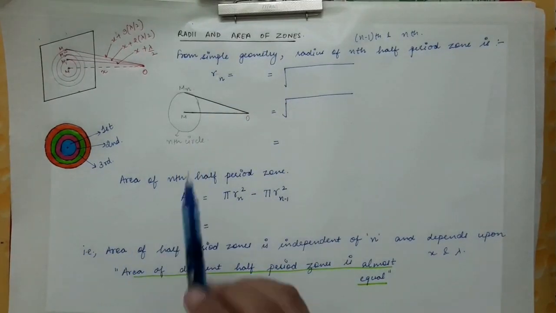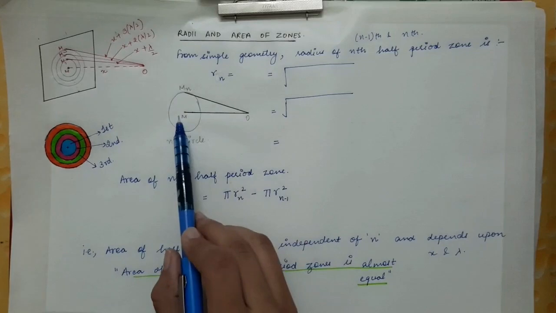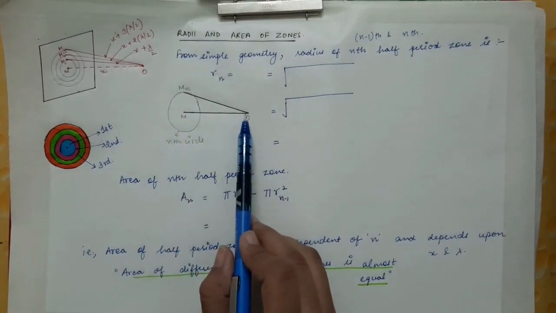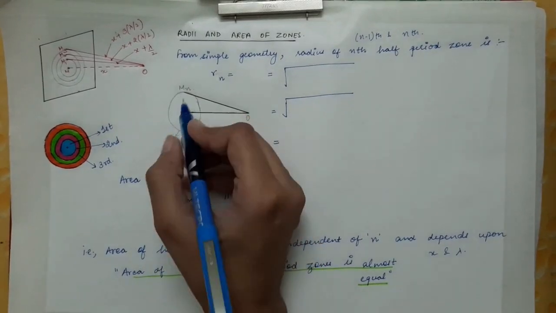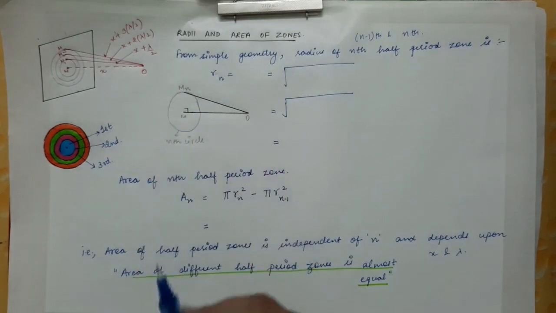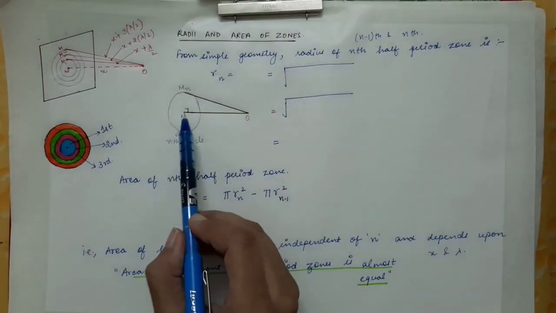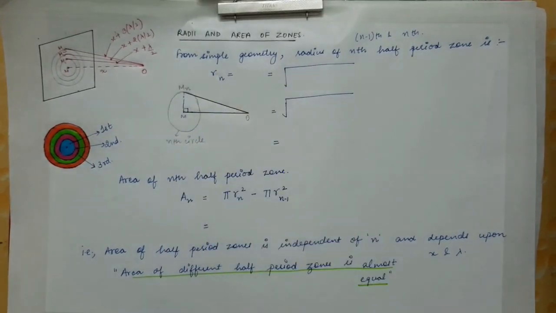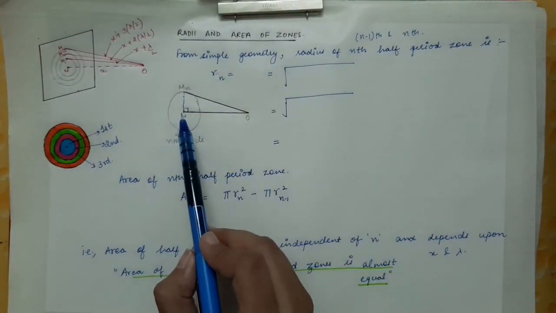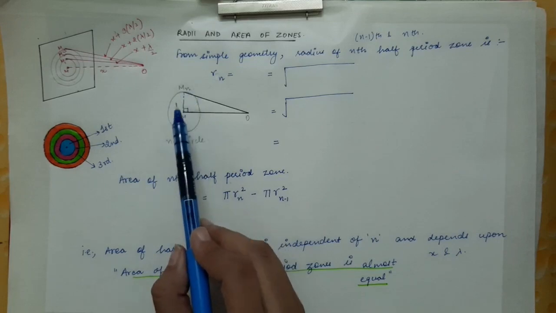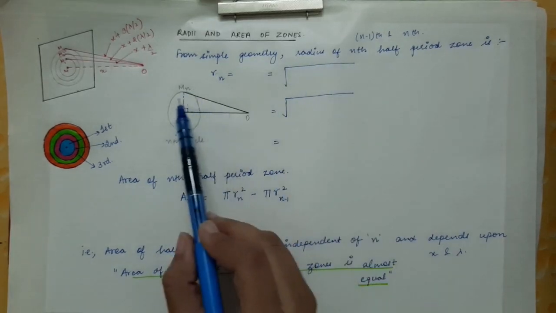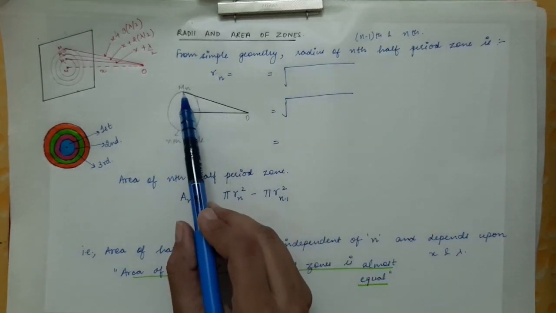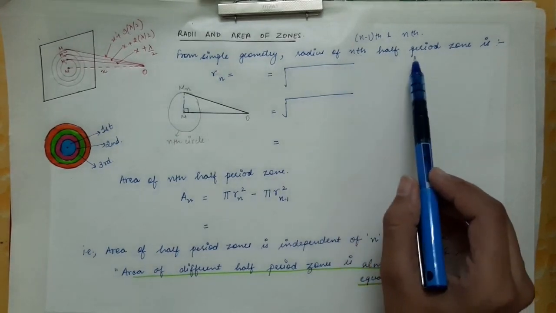So in the starting we had said that OM is the perpendicular which is drawn on the wavefront. So this one will be perpendicular, and this will form a right angled triangle. So we want to find MMn, the radius of the nth circle, which is nothing but the radius of the nth half period zone.